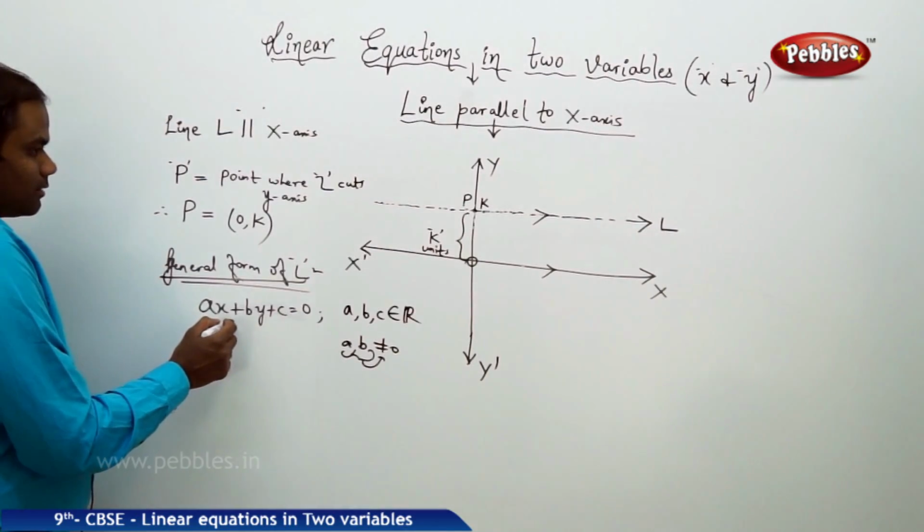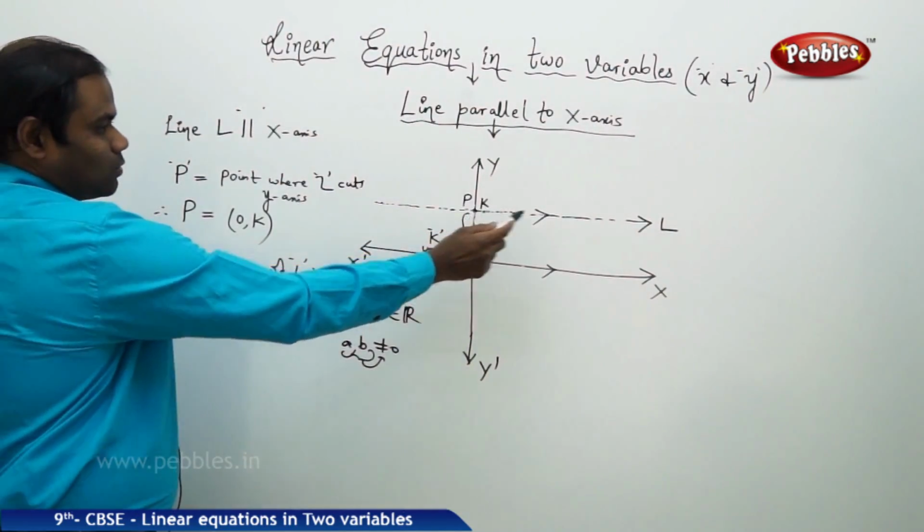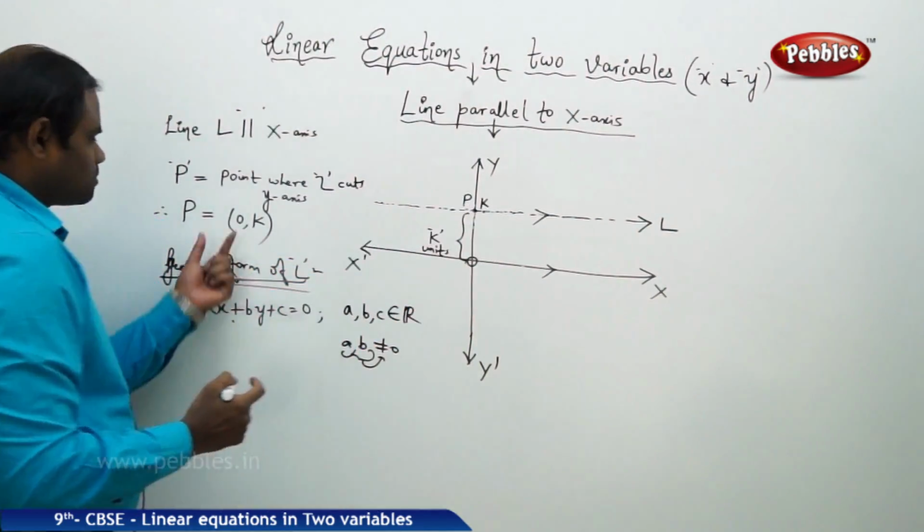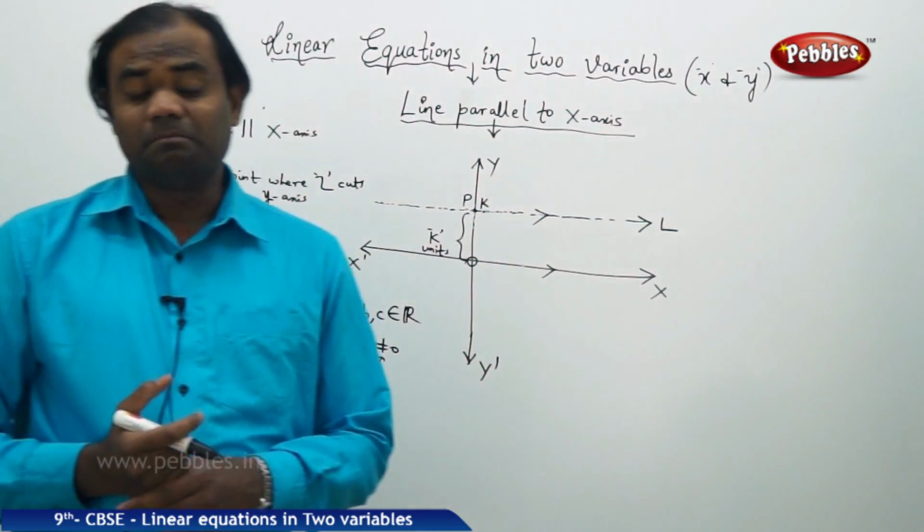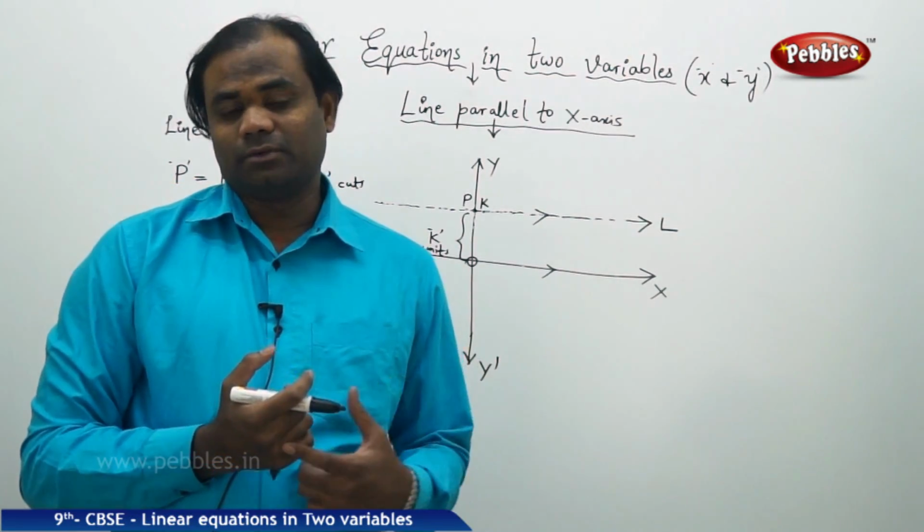Now, since this line passes through the point P, the coordinates of the point P must satisfy the given equation.